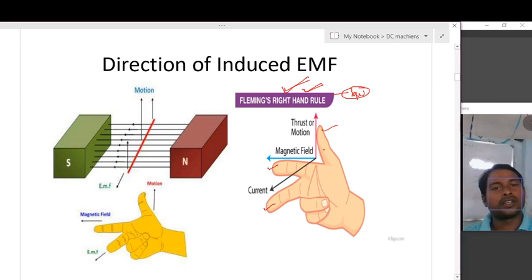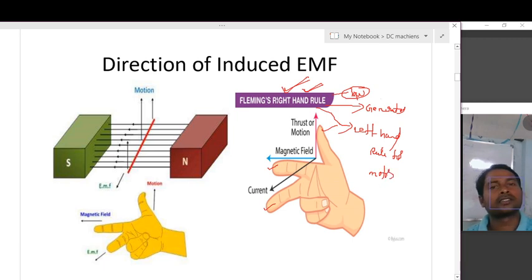Fleming's right hand rule is for generator, and Fleming's left hand rule is for motor. So right hand rule for DC generator, and left hand rule for DC motor.